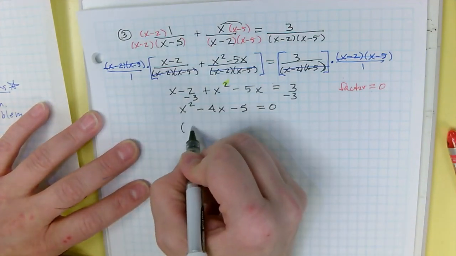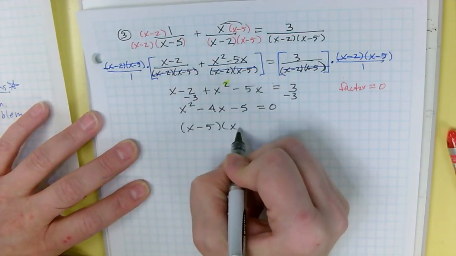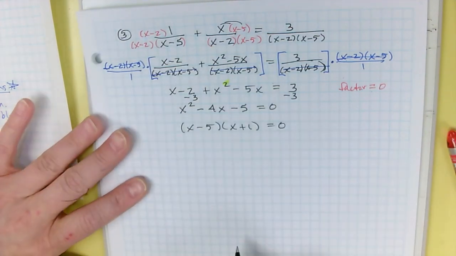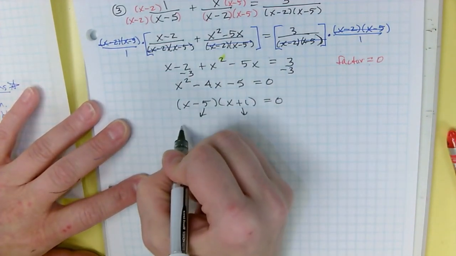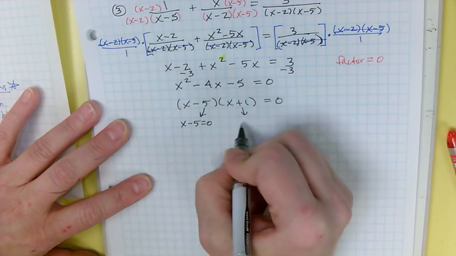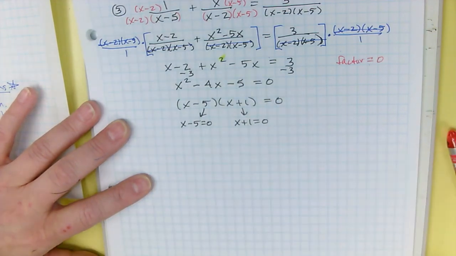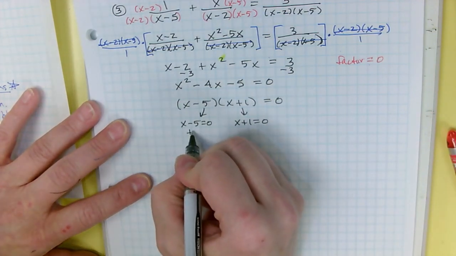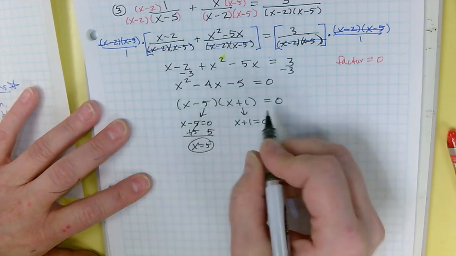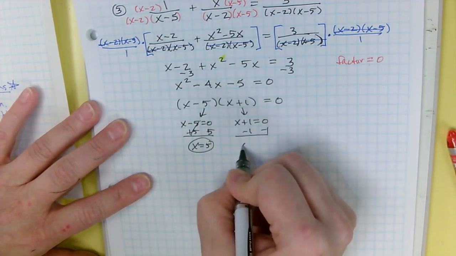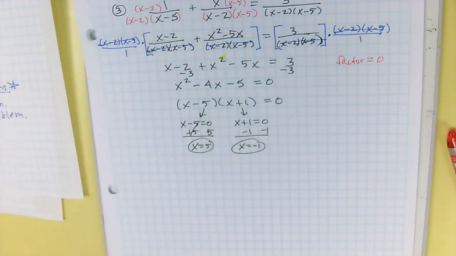Now we can factor. x minus 5 times x plus 1 equals 0. Set each factor equal to 0. So x minus 5 equals 0, x plus 1 equals 0, and solve. We get x equals 5 and x equals negative 1.